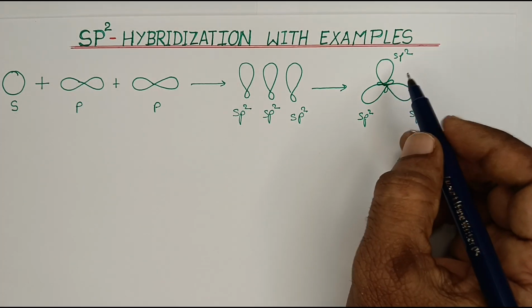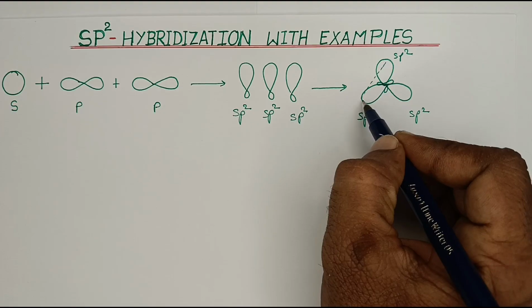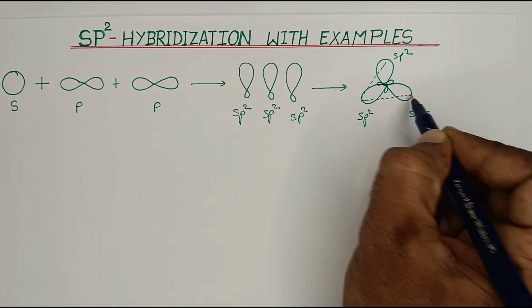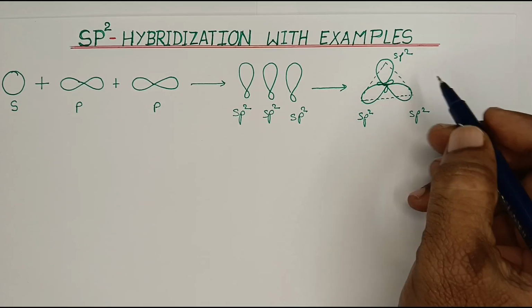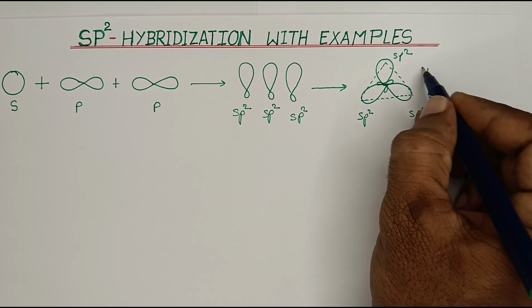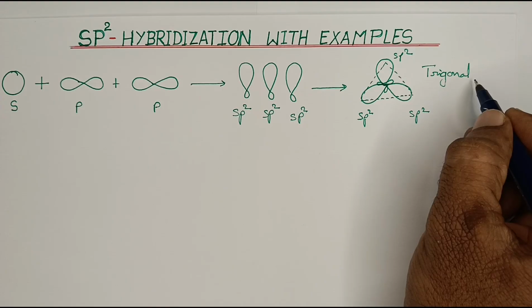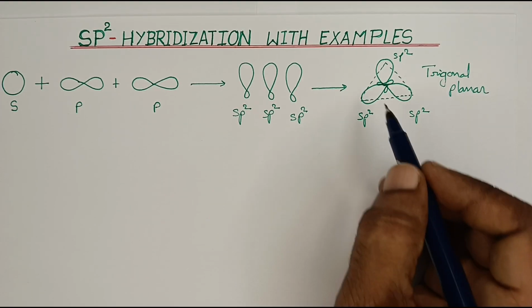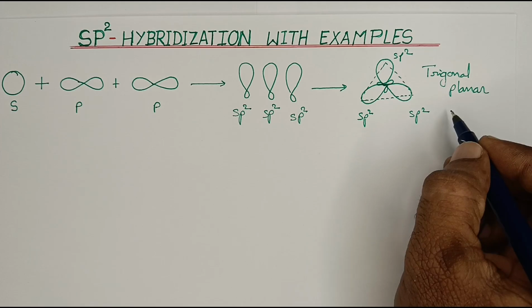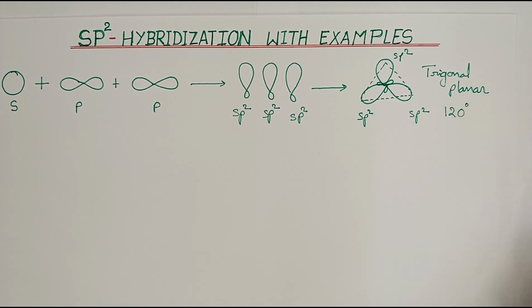So these SP2 hybrid orbitals are arranged in which manner? This is trigonal planar structure, and the bond angle is 120 degrees.